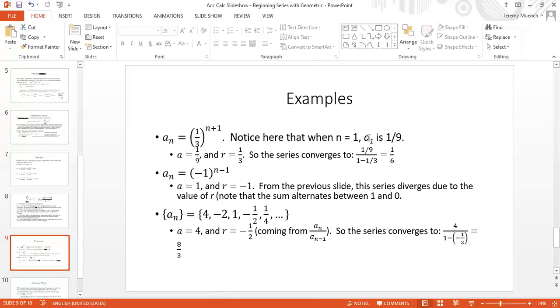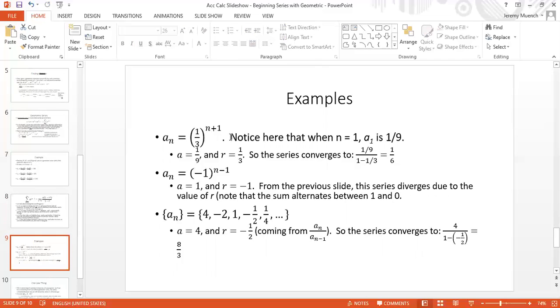But other than that, r is obviously 1/3. Every single time n increases, we're multiplying by another copy of 1/3. So we get a equals 1/9, r equals 1/3. So the series converges to 1/9 over 1 minus 1/3, which is 1/6. And done.